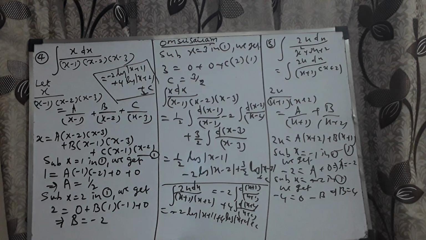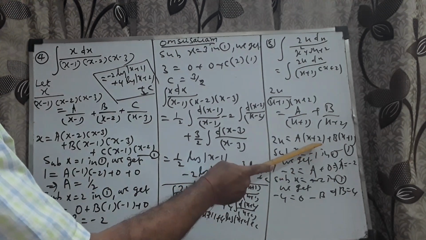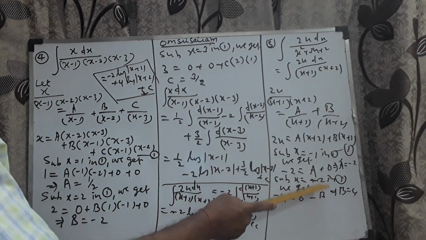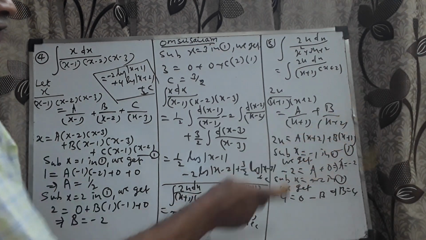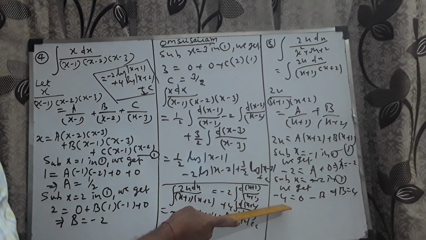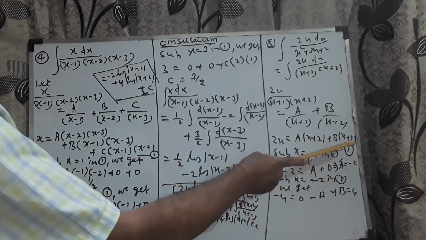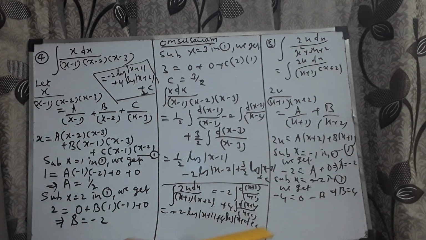Substitute x equal to minus 1 in 1, we get minus 2 is equal to 2 minus 1 is 1, therefore 1a, therefore a is minus 2, here it becomes 0. X equal to minus 2 becomes minus 4 is equal to 0 minus b, minus 2 plus 1 is minus 1, therefore b becomes 4. Therefore the whole integral now becomes minus 2 log mod x plus 1 plus 4 log mod x plus 2 plus c. That will be the final answer.